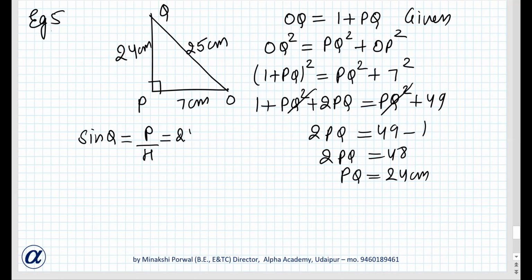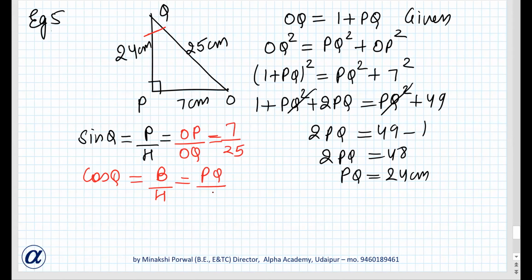With Q under consideration, the perpendicular will be OP upon OQ, that is equal to 7 by 25. Cos Q is base by hypotenuse. Base is PQ upon OQ. PQ is 24 and OQ is 25. So this way we have to do this question.